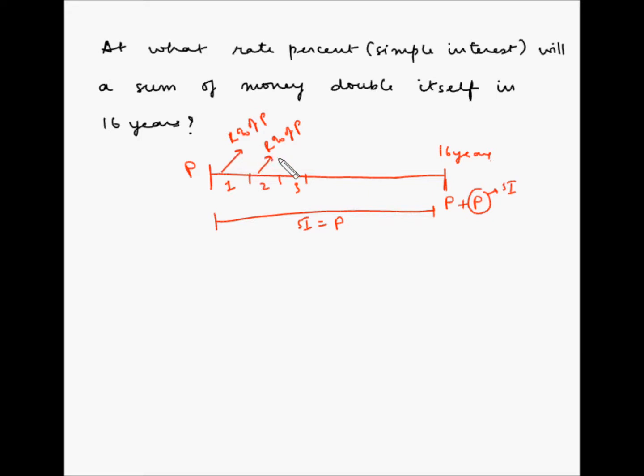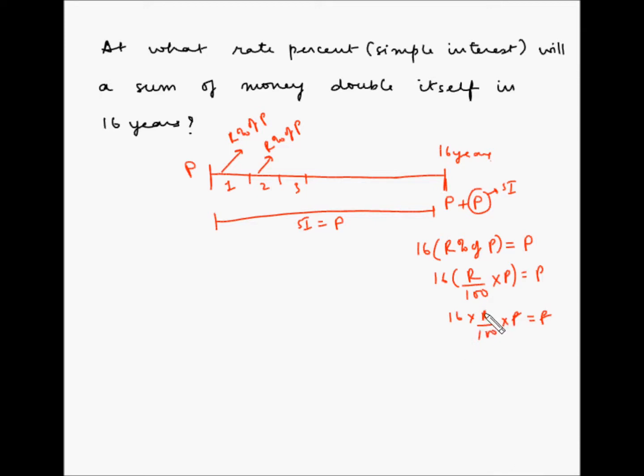So in other terms, for each year the interest is R percent of P. Since this is for 16 years, 16 times the interest obtained for each year should be equal to the principal amount. So 16 times R percent of P is equal to P. So 16 multiplied by R divided by 100, this is R percent, multiplied by P is equal to P. This P and this P get cancelled.